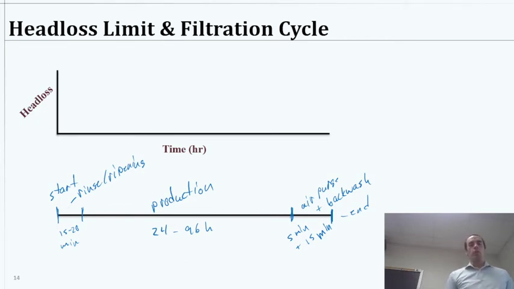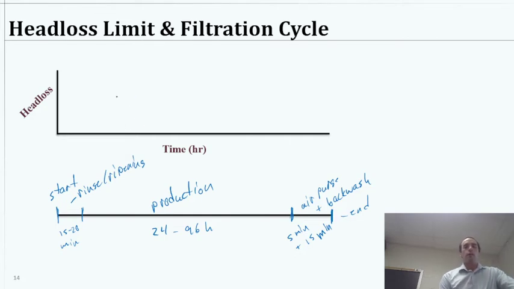So we don't want to do that. We want to use our produced, clean water to backwash. Well, actually, at the start, we're not using the clean water, but the backwash we would be. All right, but we'll come back to that in a moment.